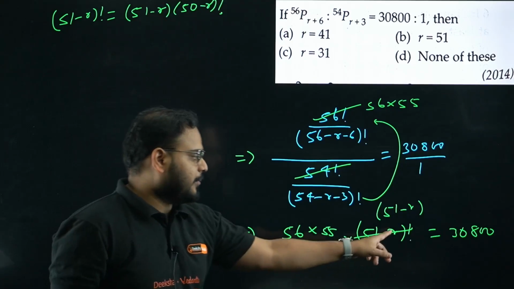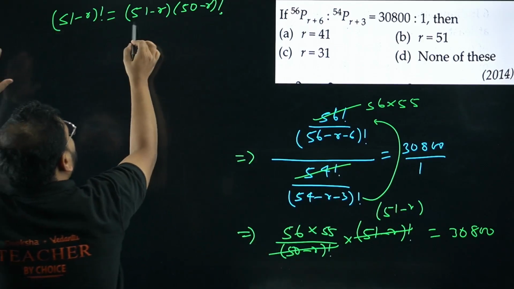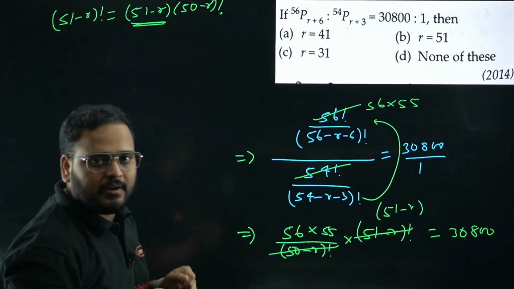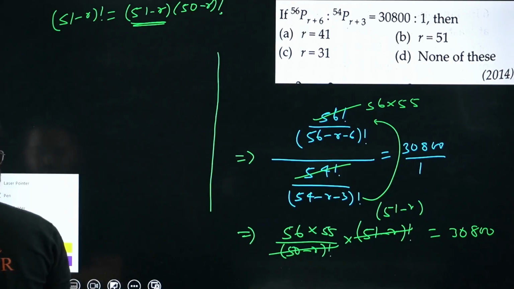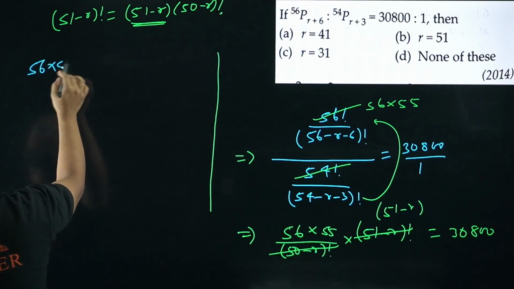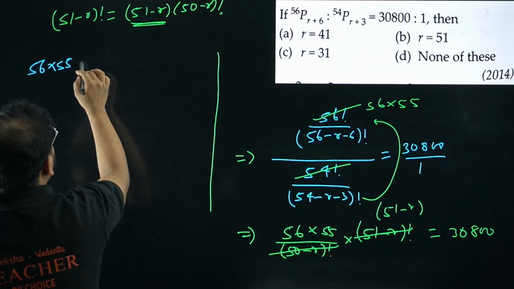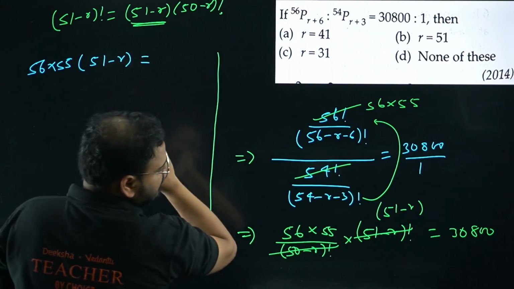That's what I'm cancelling. If I cancel these two, I'll have only this left. So the rest is very simple: I'm left with 56 into 55 into 51 minus r equals 30800.